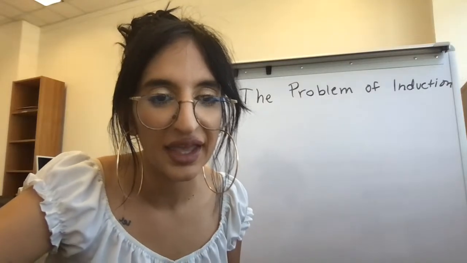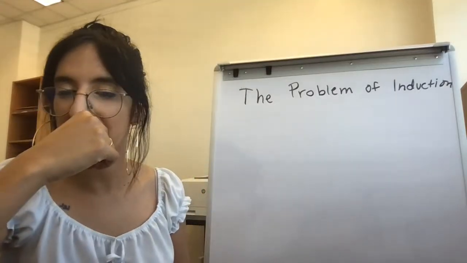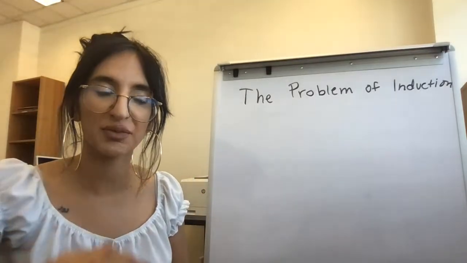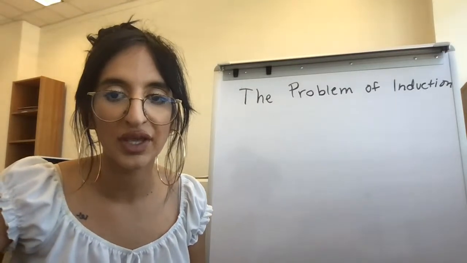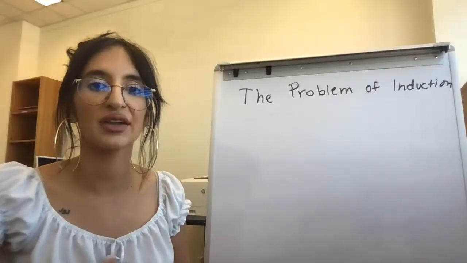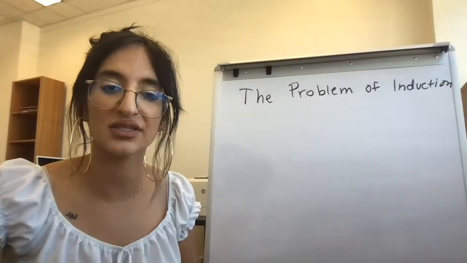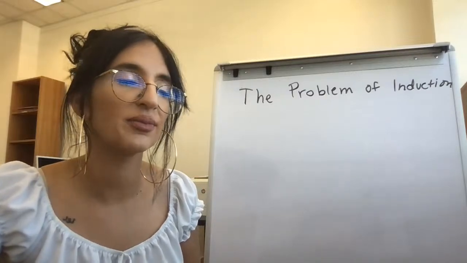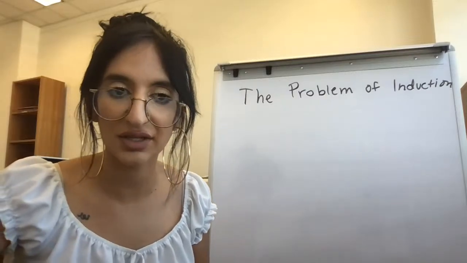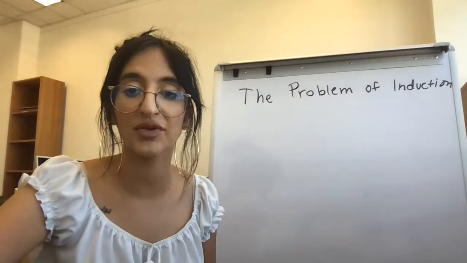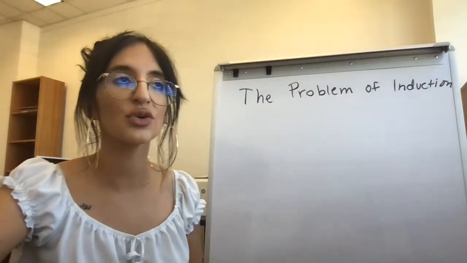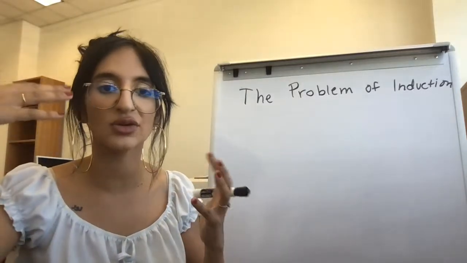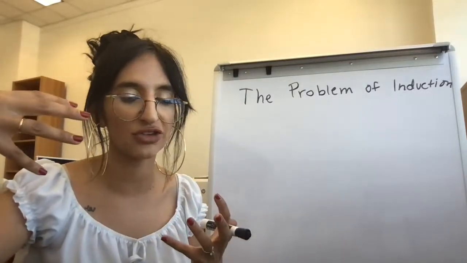In the slides, I included quotes from Hume's actual article, and I broke down the language he uses to generate the problem of induction, just so that when you're doing the reading, you can make sense of his terminology.